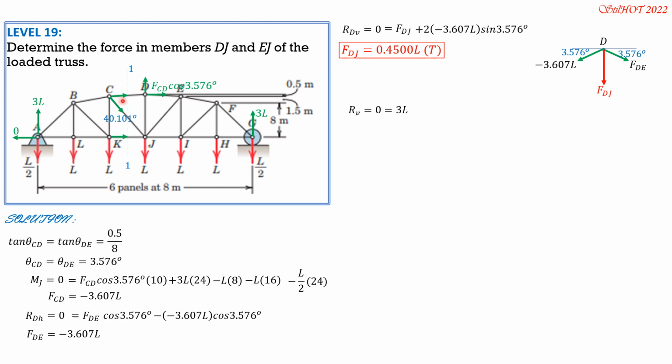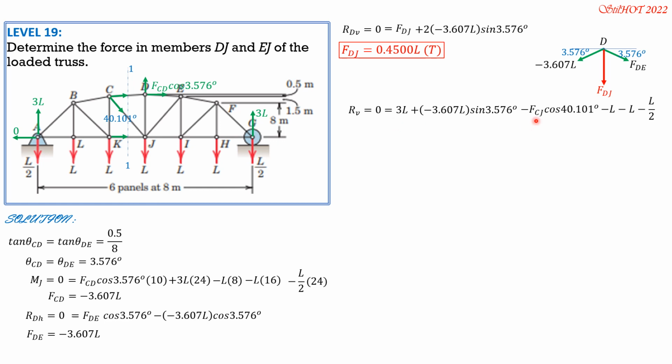Then plus FCD, which is plus negative 3.607 L sine of 3.576, the vertical component. Then minus, because this is downward, FCJ cosine of 40.101 degrees, the vertical component of FCJ. Then minus L, minus L, minus L over 2.